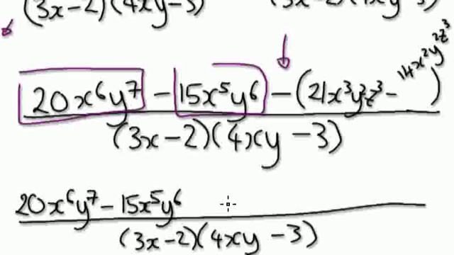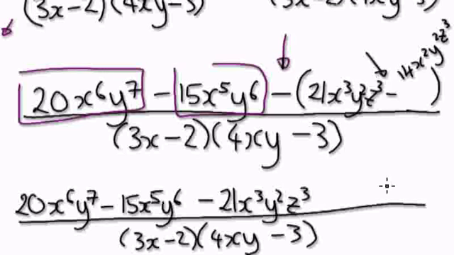Now, minus a positive, so that would be a minus. Okay, it's minus 21x to the power 3, y squared z to the power 3. Now you've got a minus and a minus over here, so it will be a positive. Positive 14x squared y to the power of 2, I think. Well, yeah, and then z to the power of 3.